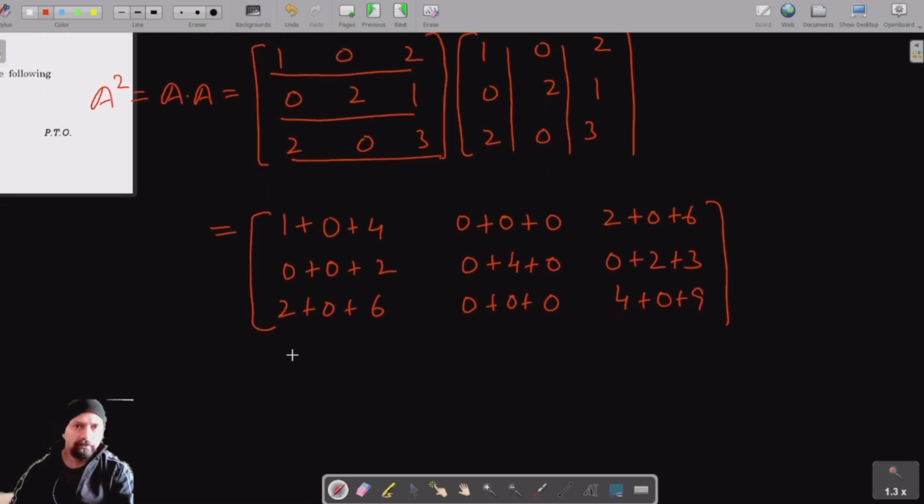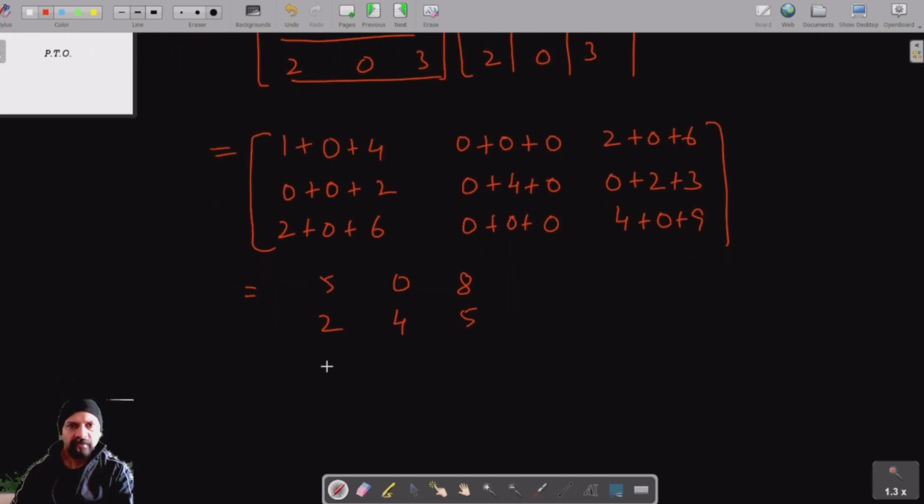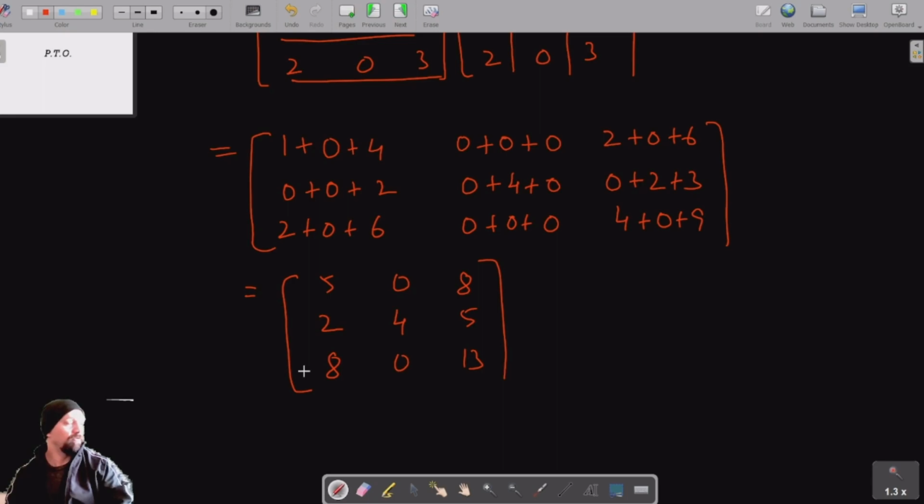Okay, and now this is equal to 5, 0, 8, 2, 4, 5, 8, 0, and 13. So this is A square. And now we have to find A cube.